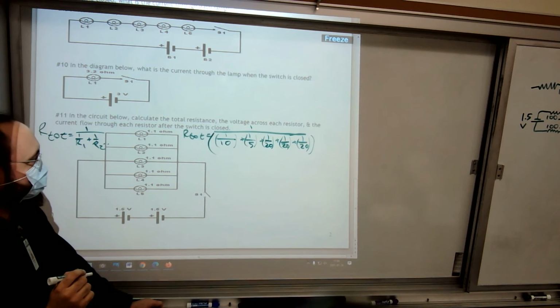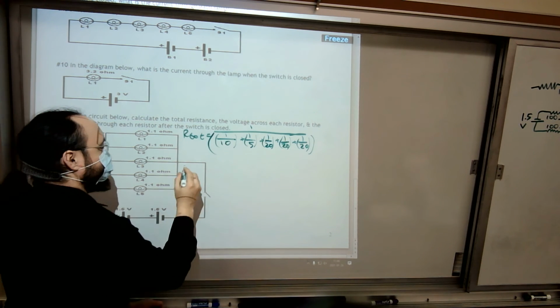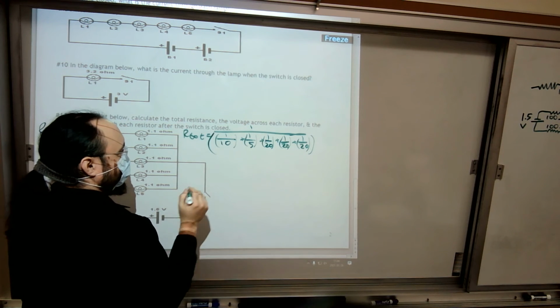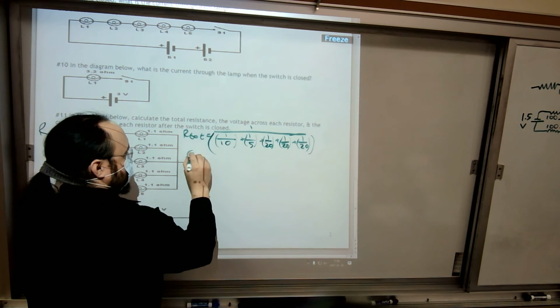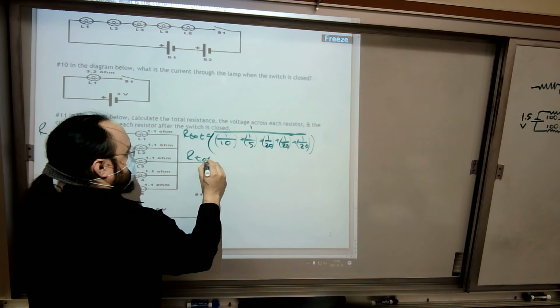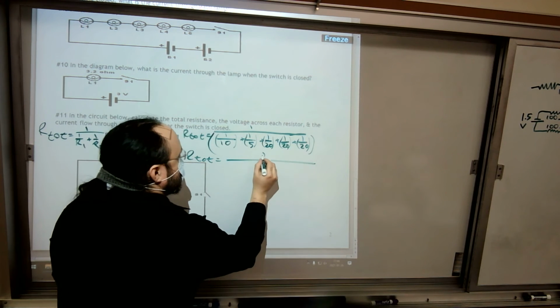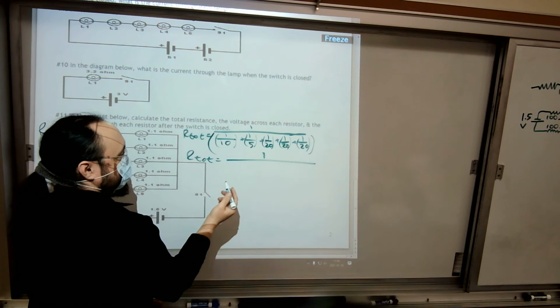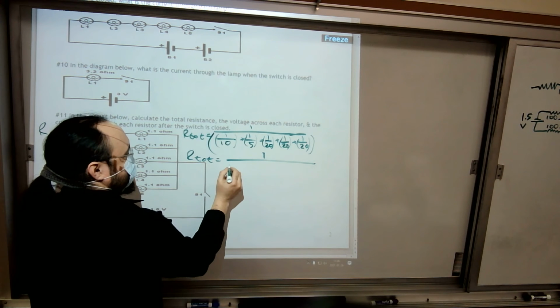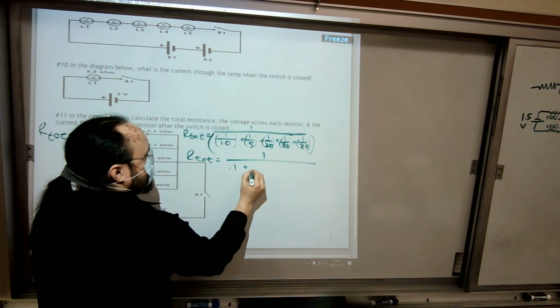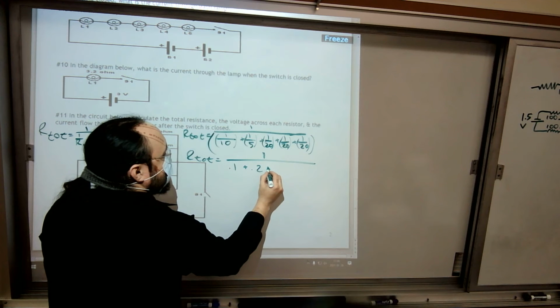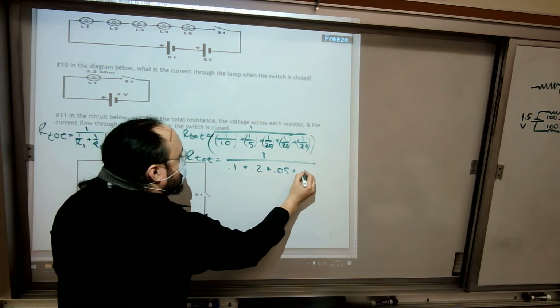The way for us to do that, we could just put it in the calculator, or we could put them all in decimals and then put it in the calculator. So, 0.1 plus 0.2 plus 0.05 plus 0.05.